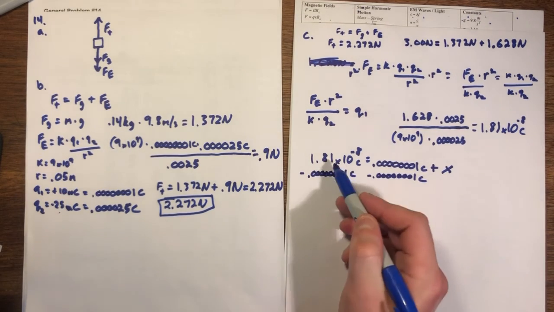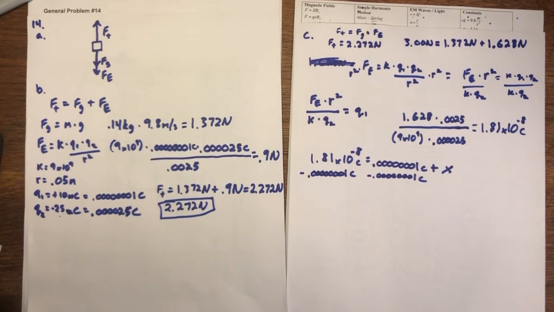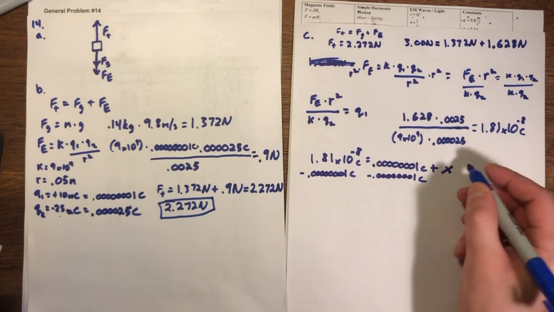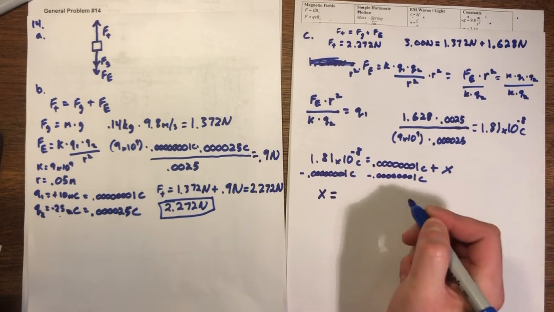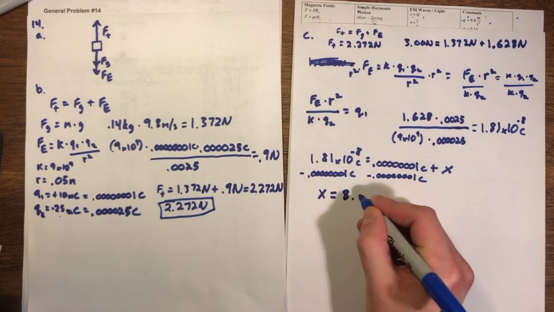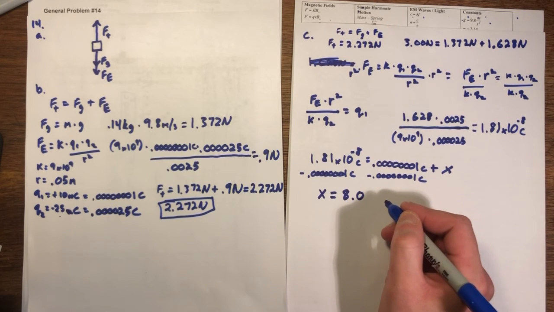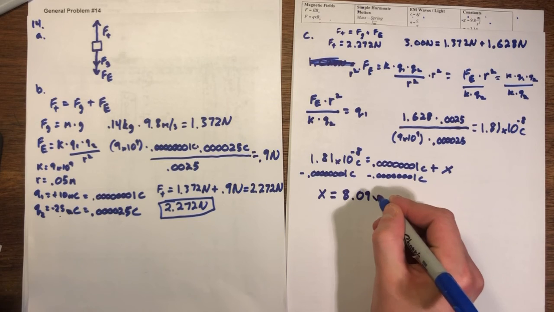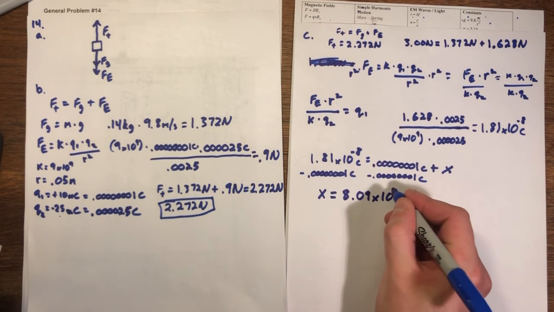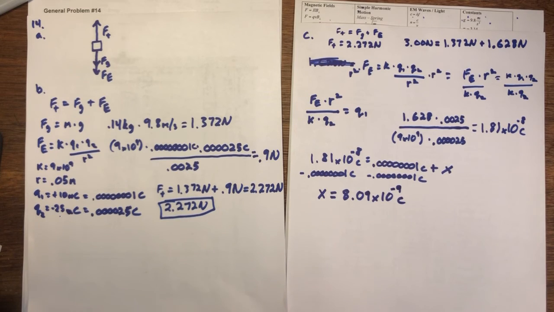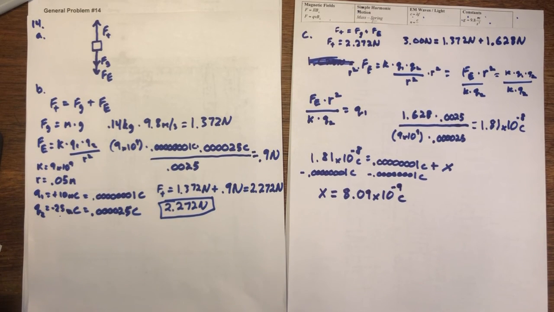If you type this in your calculator, you're going to get 8.09 times 10 to the negative 9 coulombs of charge that you need to add in order for that string to break.